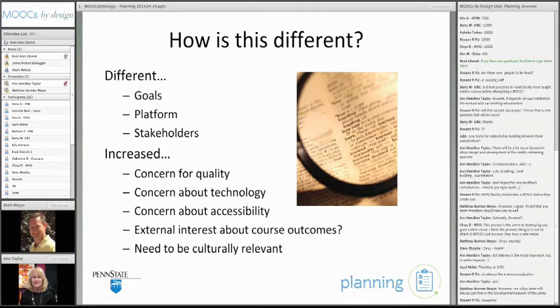Certainly the goals were different in some respects, and we talked about those different goals in the beginning, everything from a marketing goal and using a free course as a way to draw interest in a tuition-paying course, to better and exciting ways to engage alumni and people new to disciplines, things of that nature. The platform, though, was also incredibly different for us.